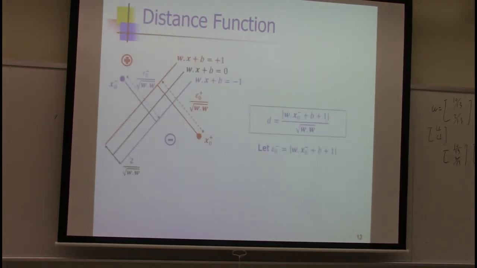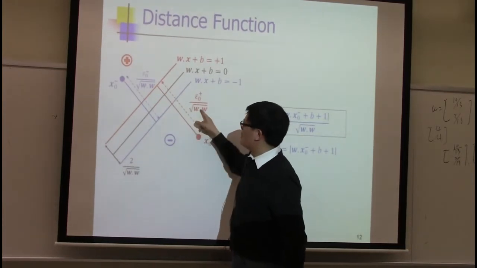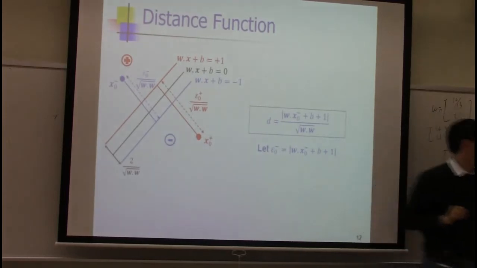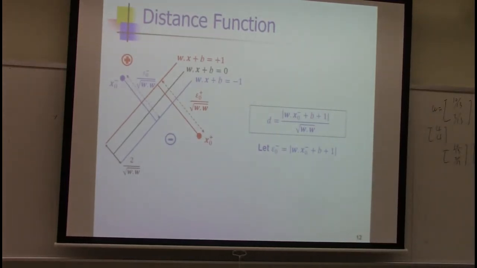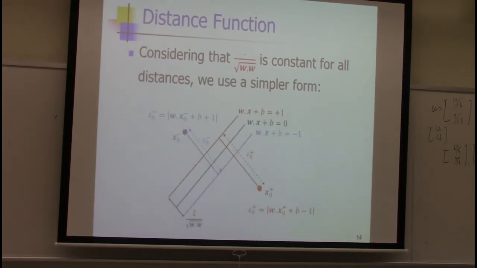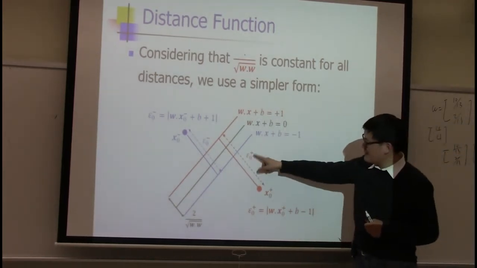And then to make our life easy, because for all these errors the denominator is constant, right? They're all the same. So we just remove the constant. We only keep the numerator part. So we consider that the denominator is constant for all distances. We consider a similar form. Which means the error of the current support vector machine for this red point is epsilon 0 plus.